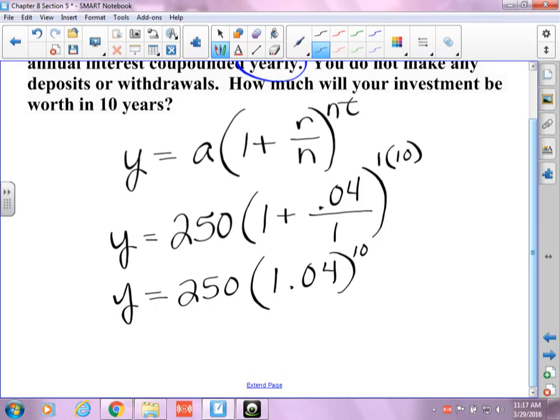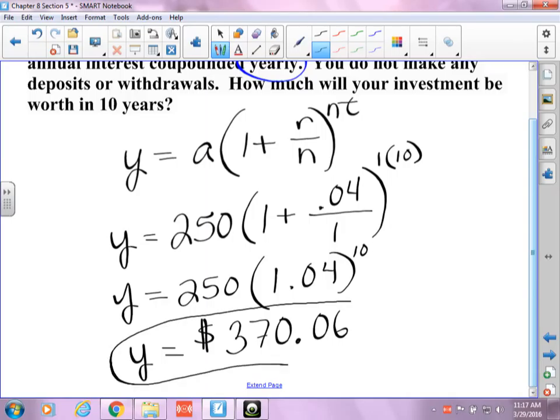Okay, I'm going to take 1.04, and then I'm going to push my exponent key, which can be my caret key, to the 10th power, then push equals. Always push equals. And then I'm going to go times 250. So y equals $370.06.